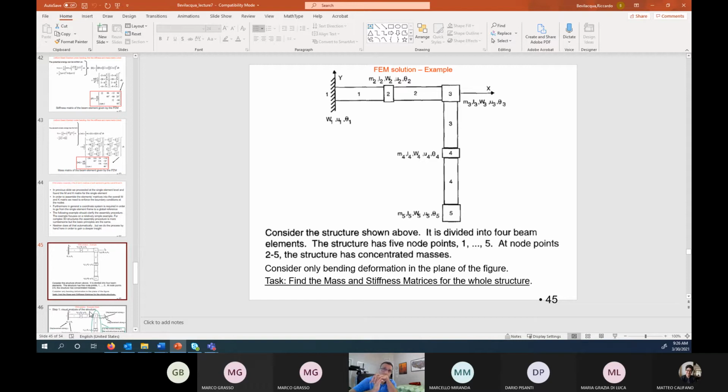For each element, we have a mass and a moment of inertia. And for each node, we also have a displacement and a slope.